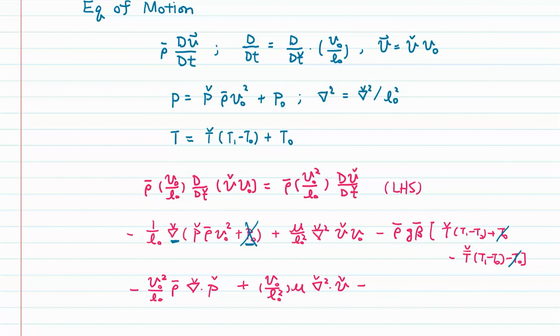So finally we have rho G beta times the dimensionless temperature times T1 minus T naught, minus T bar, dimensionless T1 minus T naught. Okay, so this is the right-hand side.